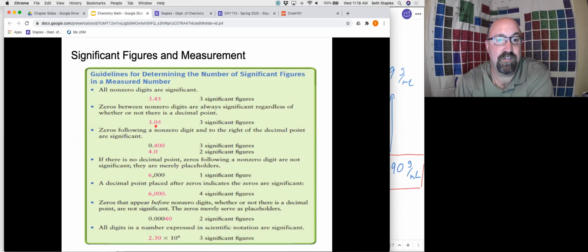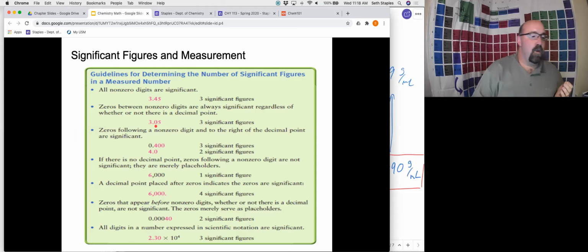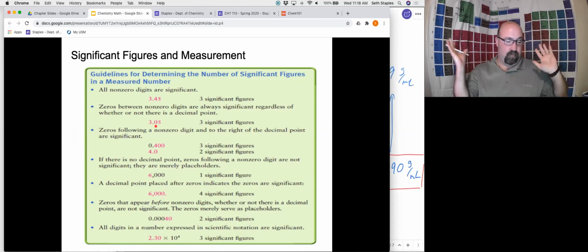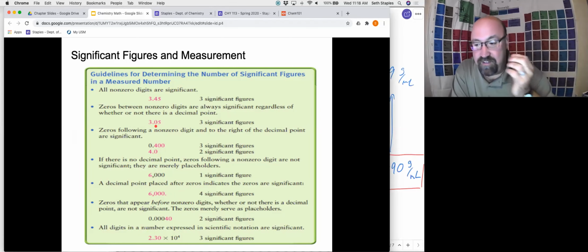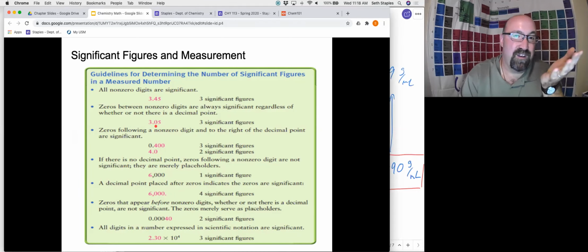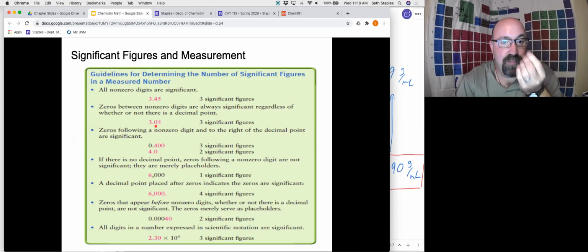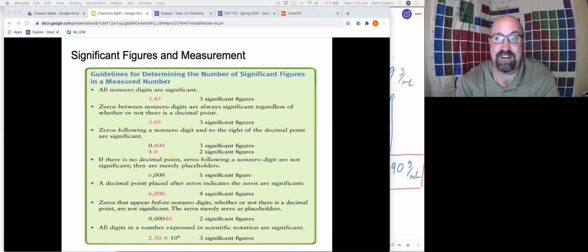So really, if it's an actual non-zero number, that's significant, no matter what. Where we need to really talk about our rules is with how we deal with zeros. And so in this case, with a 0 appearing between 2 other non-zeros, that is a significant figure, a significant digit.